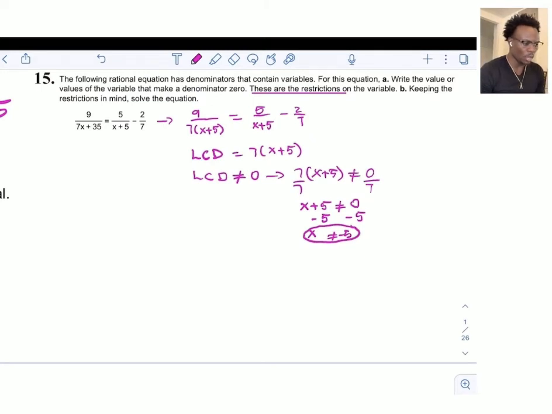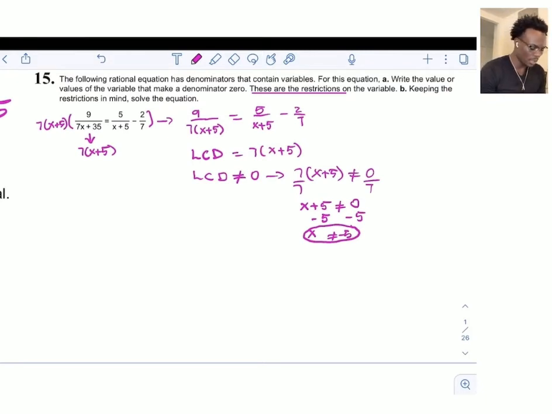Now, in order to solve, we're not going to forget that this is 7 factor x plus 5. If we multiply both sides of this equation by the LCD, which is 7 factor x plus 5, we can cancel the denominator for each fraction.